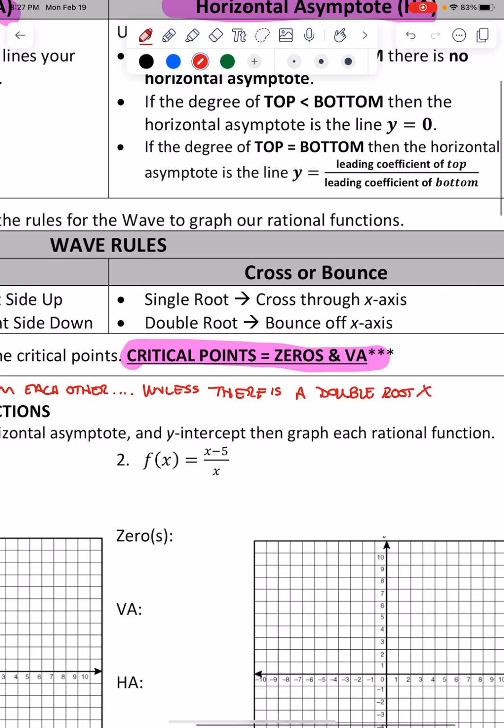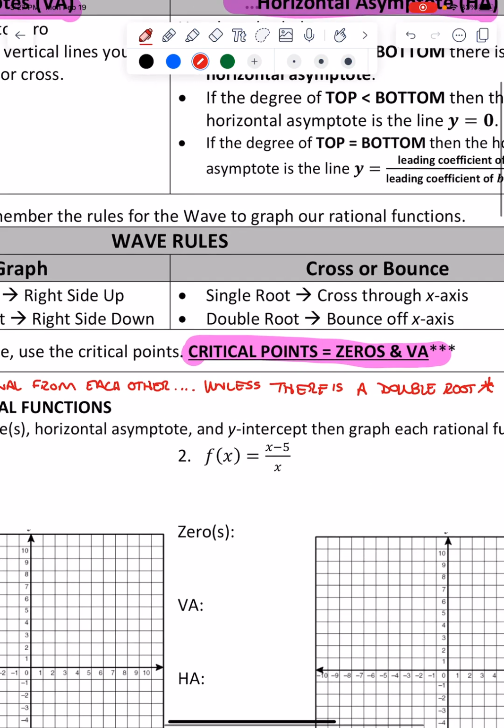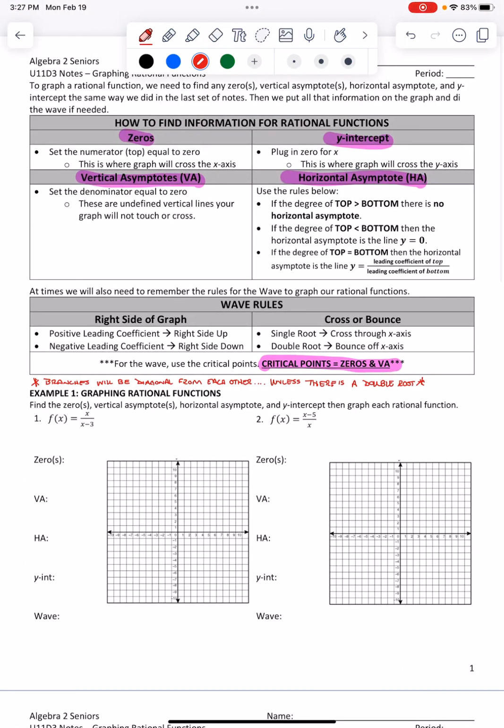Okay? So they're going to be diagonal from each other unless there's a double root somewhere in this. So a zero, a vertical asymptote, whatever. If something's a double root, that's going to cause things to be a little bit different. They won't be diagonal from each other anymore, okay?